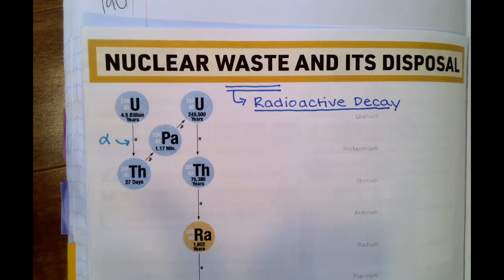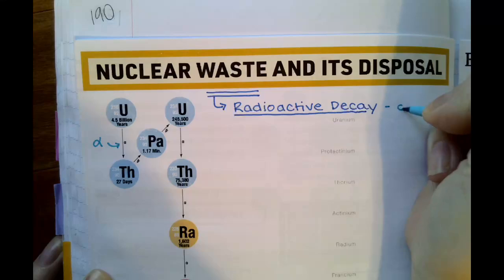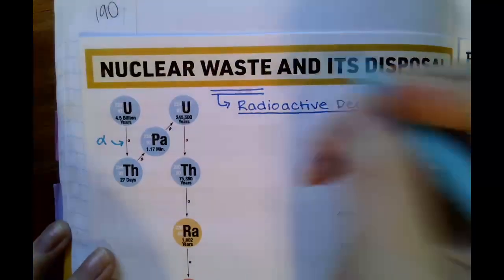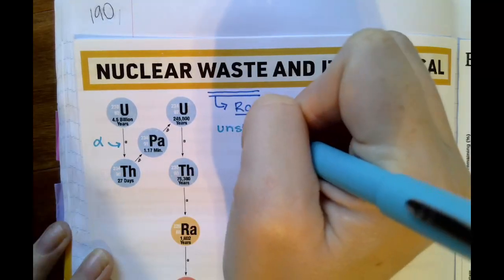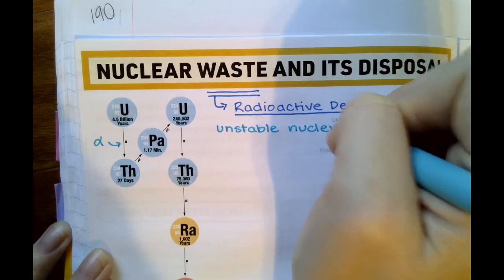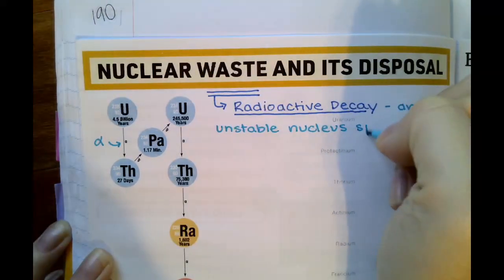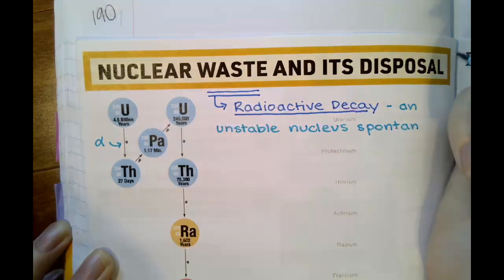So when we say radioactive decay, what we mean is that an unstable nucleus is spontaneously disintegrating. Spontaneously is hard for me to spell.